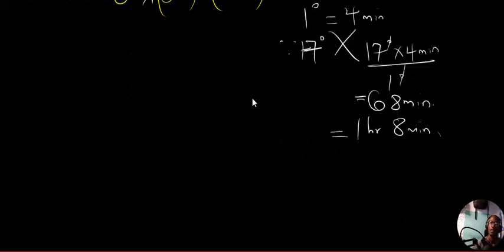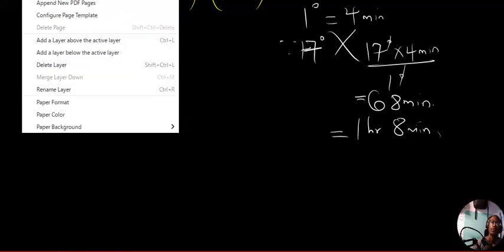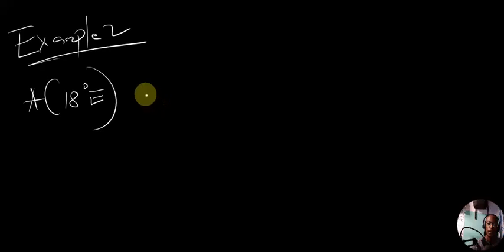Let's check on another example. Example 2. We have town A, 18 degrees east, and town B, 30 degrees west.